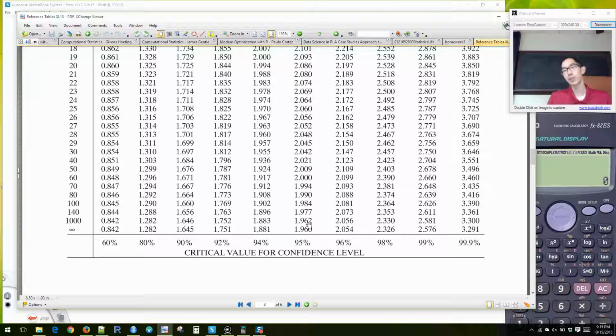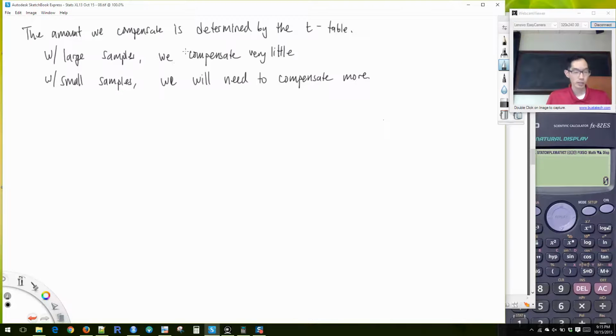Degrees of freedom is factored in here. When we take small samples, we compensate more. Our degrees of freedom, df, is equal to our sample size, n, minus 1. This is the formula we use for determining our degrees of freedom.